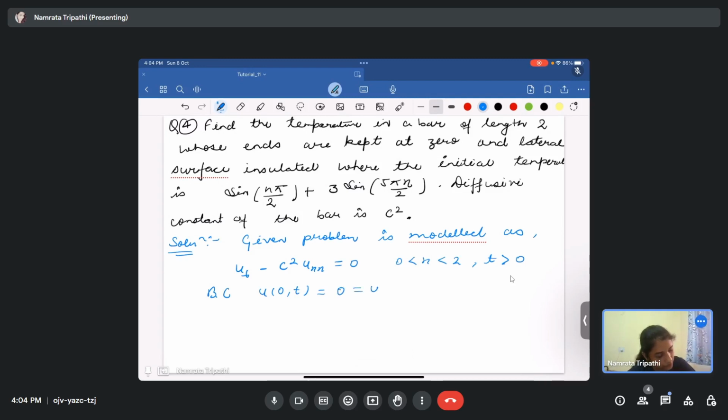So u(0,t) will be 0, u(2,t) will be 0. Initial condition is given. This is pi x.